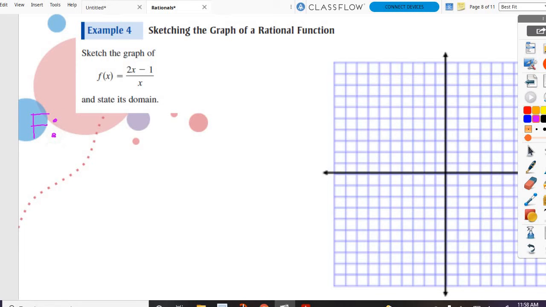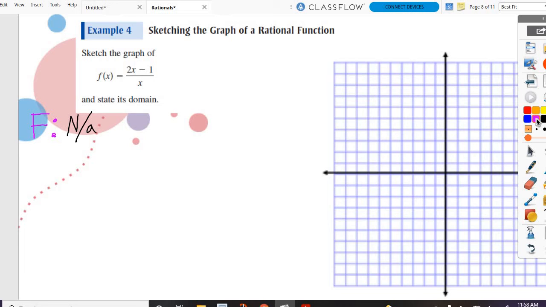Now, does this function factor, the top or the bottom? So 2x minus 1 or x? No. So we'll just say not applicable, or can't do it, or don't need to, or whatever makes you happy to put it. We don't have to factor it this time.